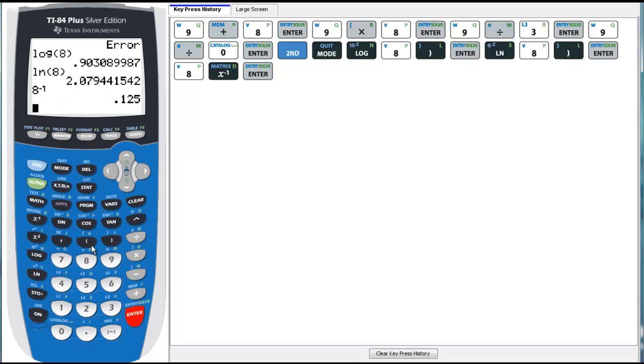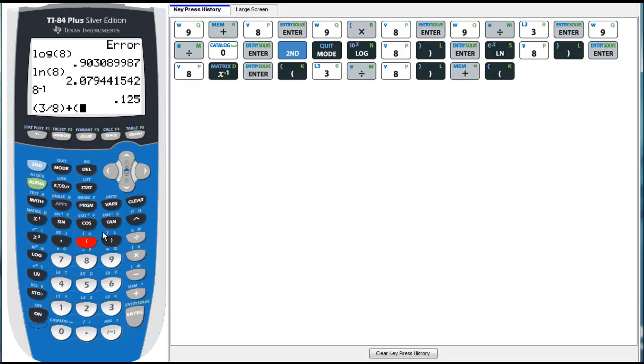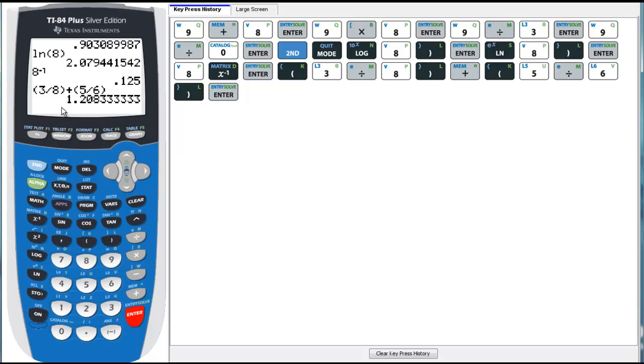Okay. If I want to add fractions, say for instance 3 over 8 plus, let's take another number, say 5 over 6. All right. So it gives me a decimal approximation, and say I wanted the answer as a fraction.